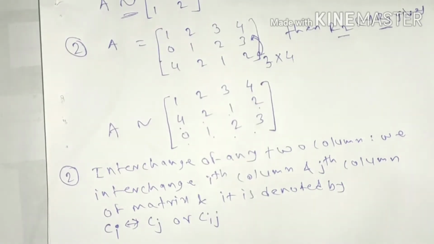So in this transformation we interchange ith column and jth column of the matrix, the remaining columns are the same.